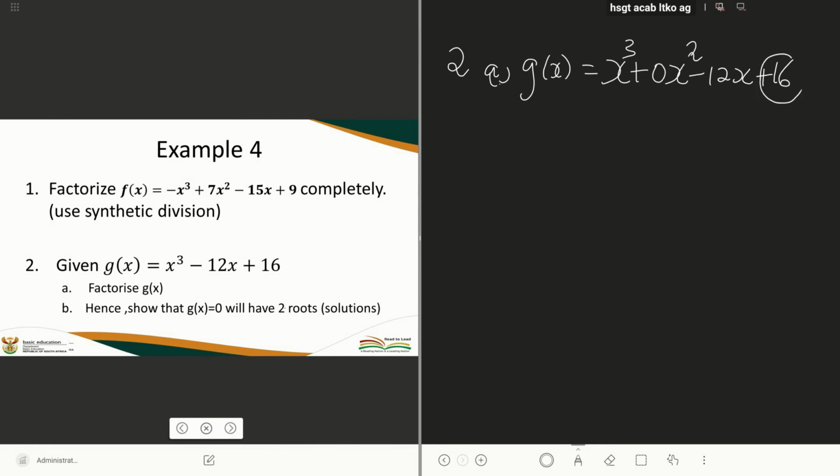Remember, from our previous slide, we already know the factors of what? Of plus 16. So remember, it's plus minus 1. I'm not going to write them again. I'm just going to write the few. Plus minus 1, plus minus 2, up to plus or minus 16. You need to make use of your calculator, guys, to save time. You don't have to write the whole statement here.